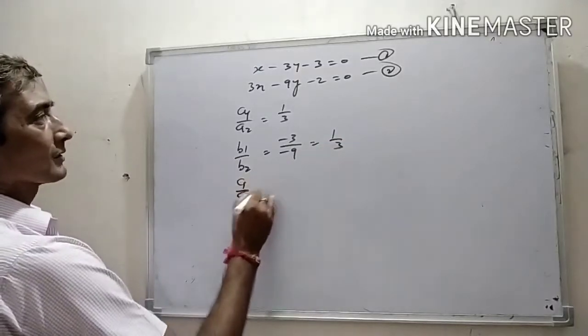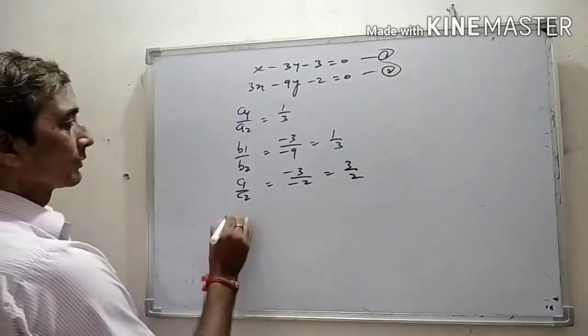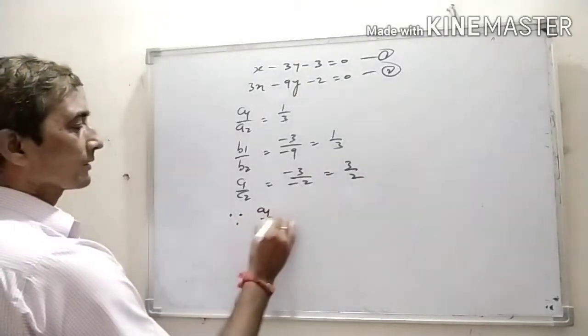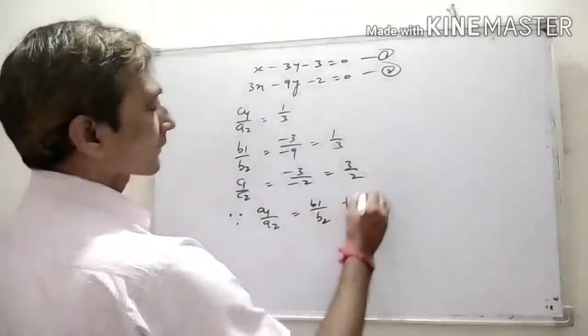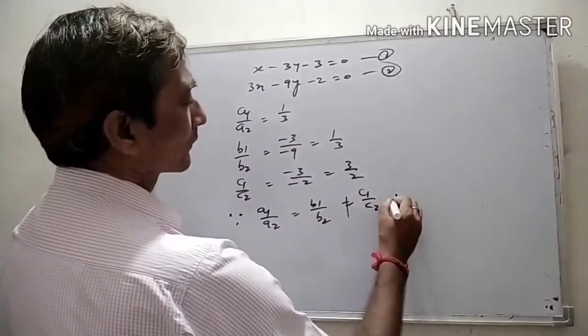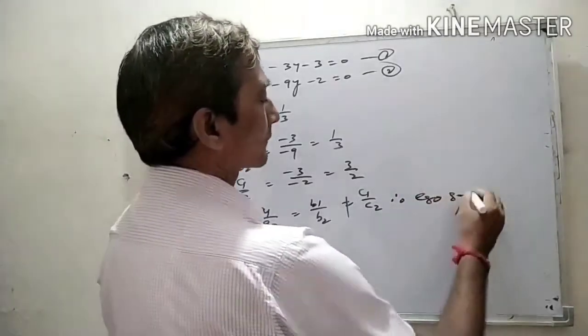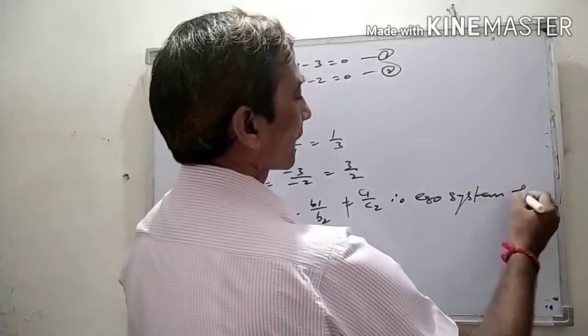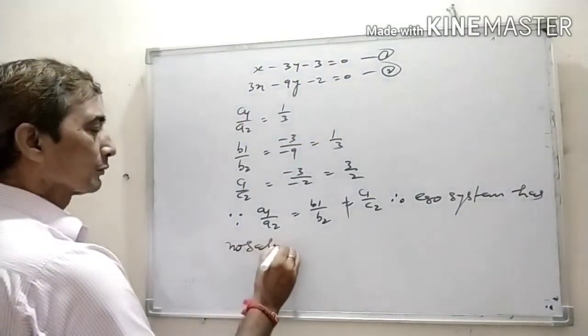And c1 upon c2 equal to minus 3 upon minus 2, that is 3 by 2. Since a1 upon a2 equal to b1 upon b2 is not equal to c1 upon c2, therefore the equation system has no solution.